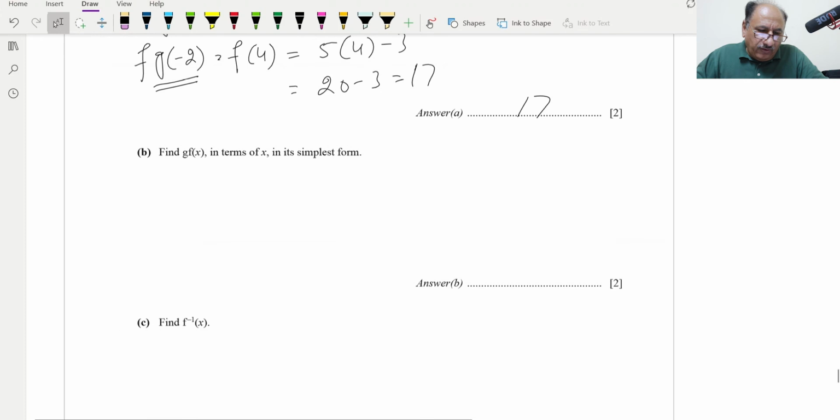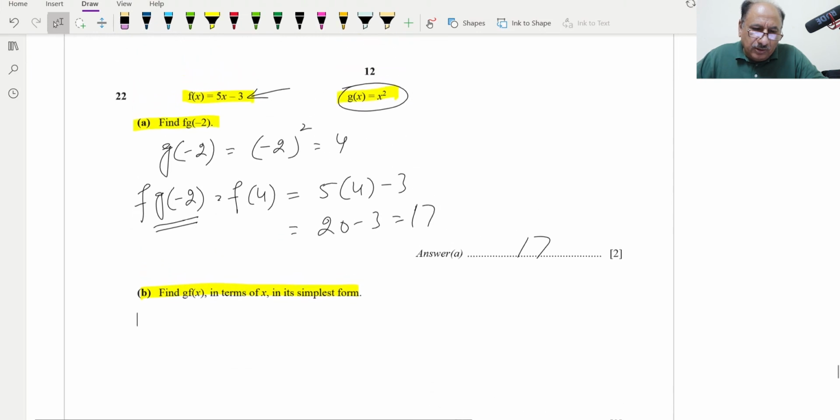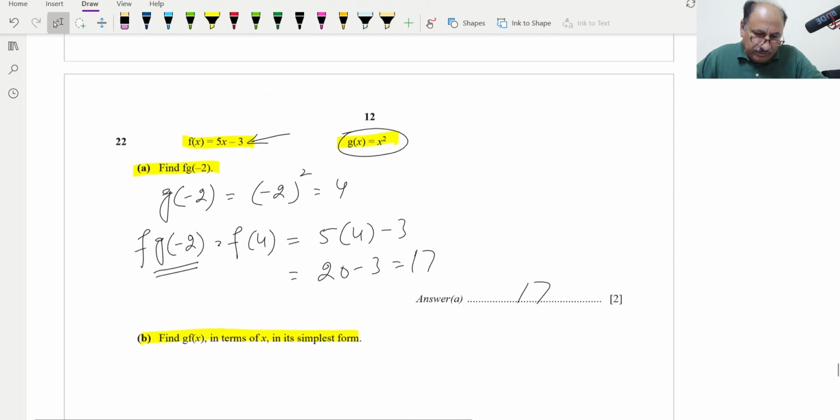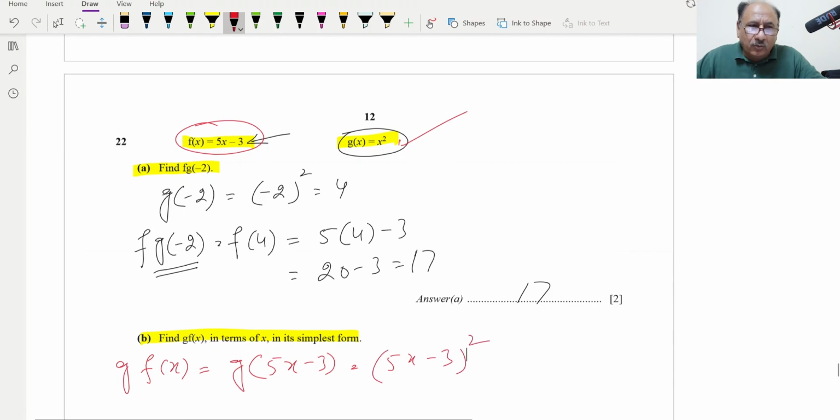Now find g of f of x, in terms of x in its simplest form. So first of all we will take f of x. We already have f of x provided over here. To find g of f of x, we will find g of, and f of x is 5x minus 3, so we will replace x by 5x minus 3 in this g of x, so this will be 5x minus 3 squared, and we can open this square.